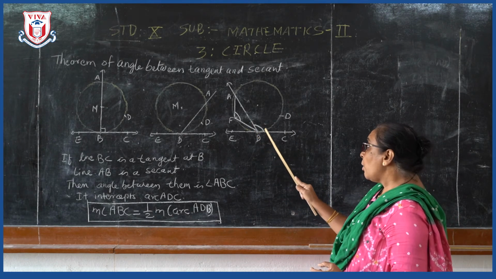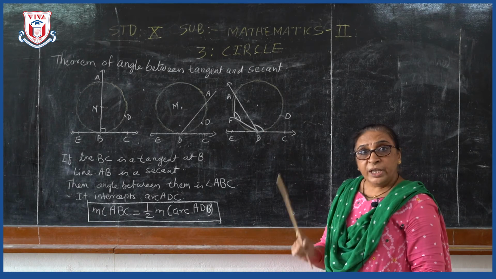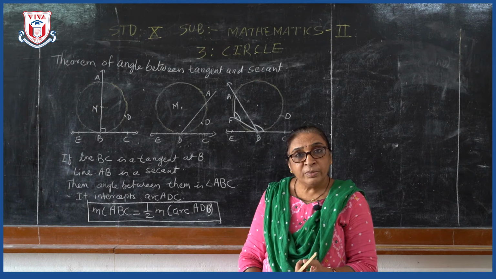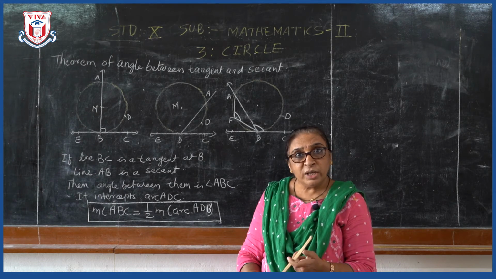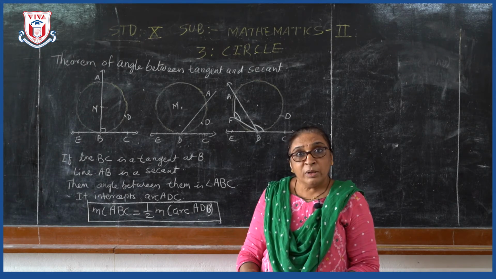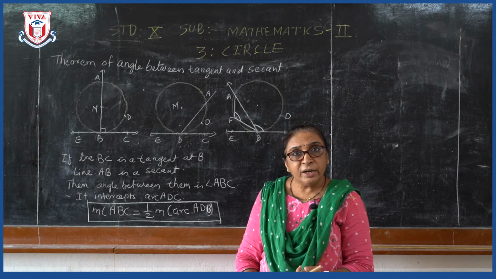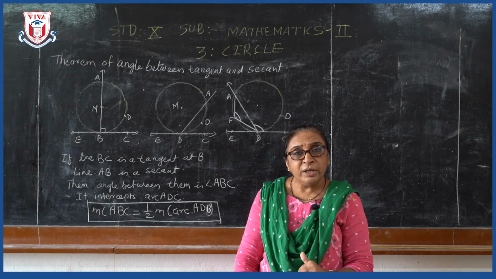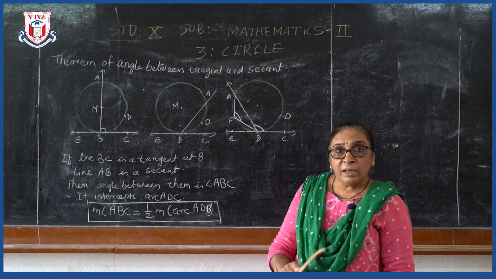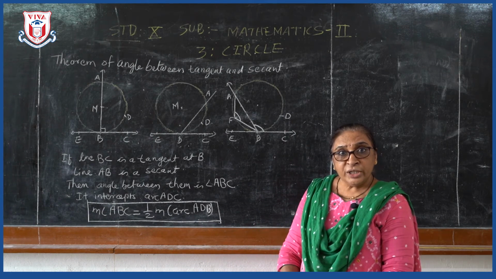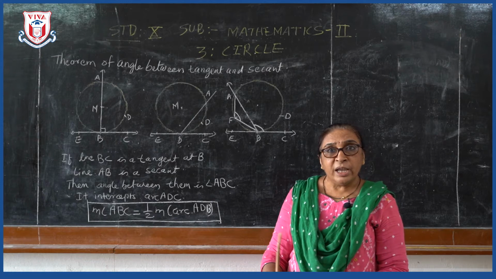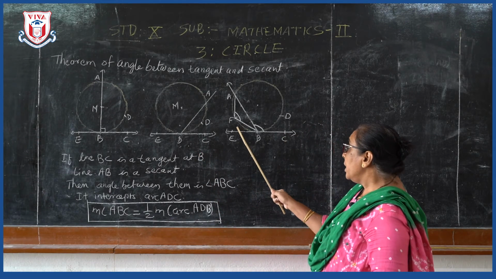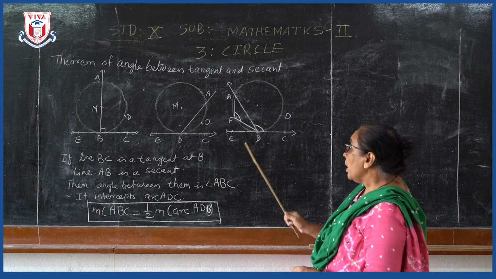This property is very useful while doing the construction of a tangent to the circle without using the center of the circle. In the construction chapter, when you construct the tangent line to the circle at any point on the circle, this property is very useful.